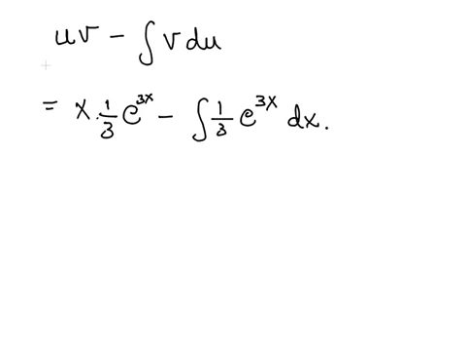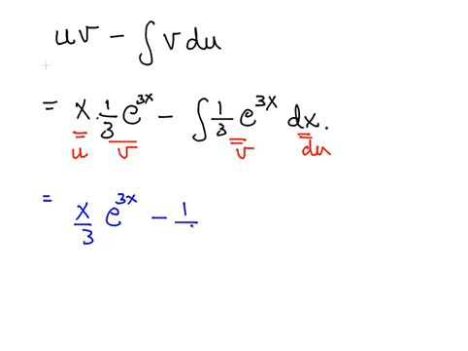Just to be clear, that part there is du, that part is v, and that part is u. We can simplify that to x over 3 e to the 3x, minus the integral of 1/3 e to the 3x dx.